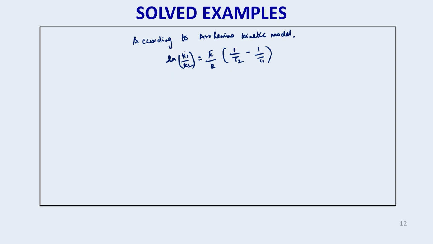K1 is given, K2 we have found, E value is given, R value is 8.314 joule per mole Kelvin, T1 is given. Substituting all, the only unknown is T2.